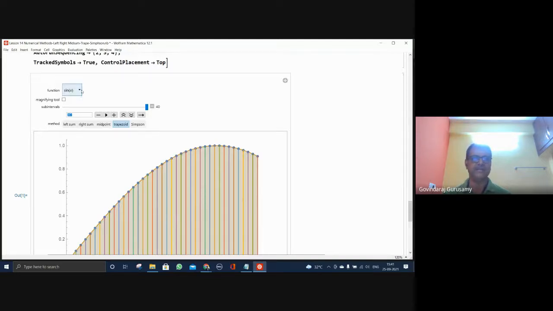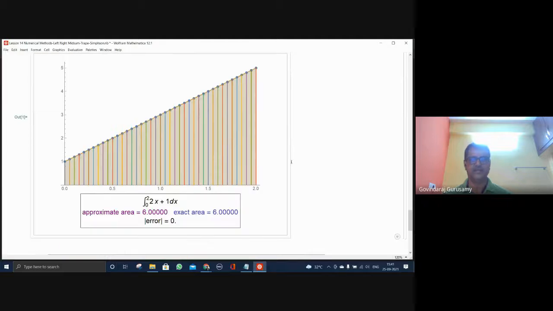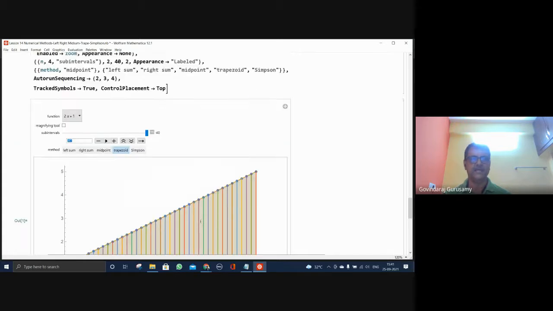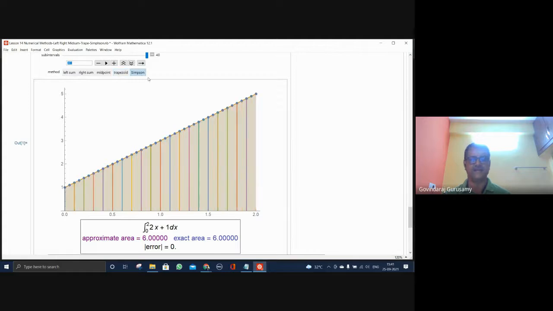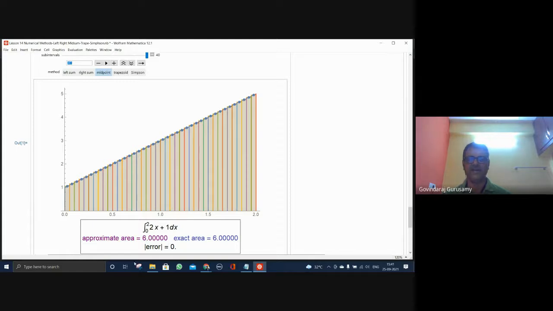Okay, next function. Of course, this is a straight line, no issue at all. Exact result is what? See, even trapezoid is exact. Simpson is exact. We are able to feel that the nature of the function has an influence in determining the error. Is it not?